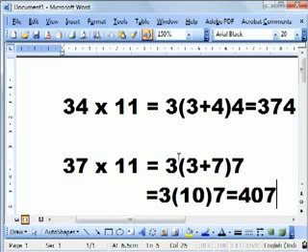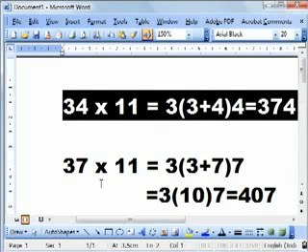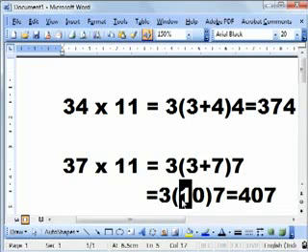So this is a variation from this particular one. Why? Because the middle number adds up to a number which is greater than 10. So in that case we have to add this 1 to the first figure, which gives us 407.